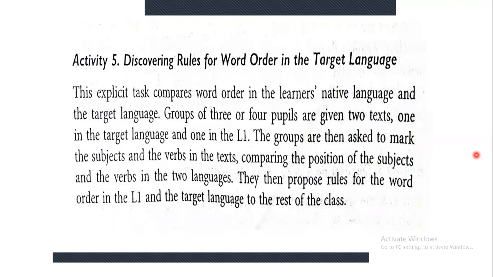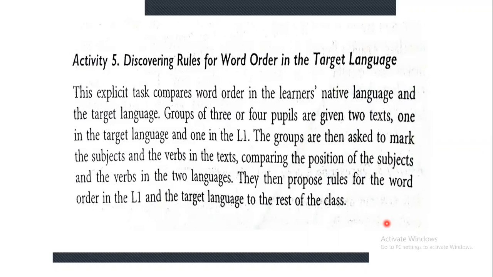The groups are then asked to mark the subjects and the verbs in the text, comparing the position of the subjects and the verbs in the two languages. They then propose rules for the word order in the L1 and the target language to the rest of the class. That is a good example.